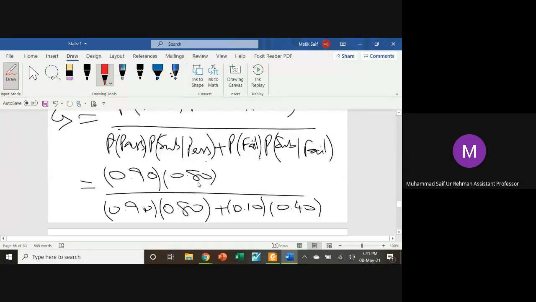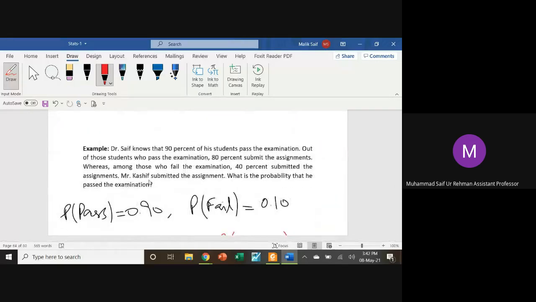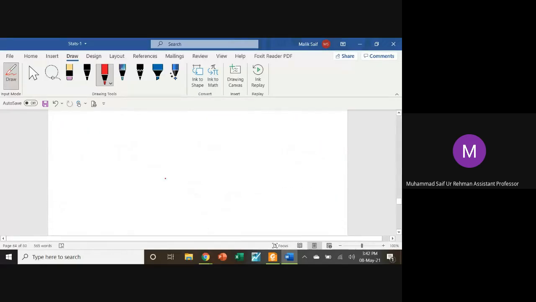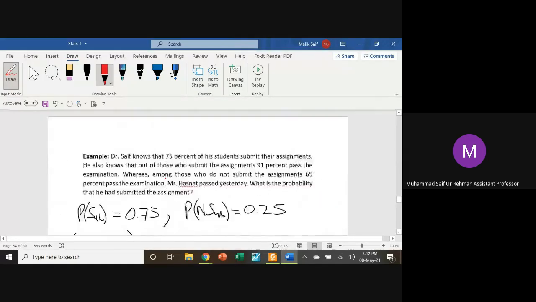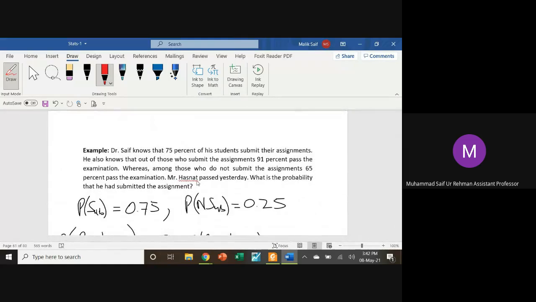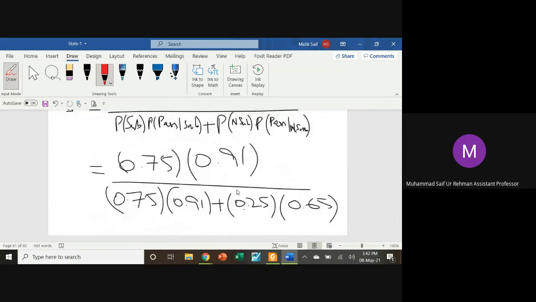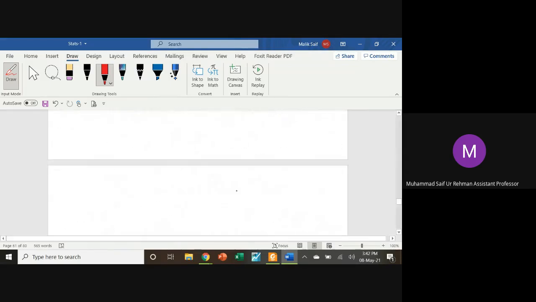Similarly, you may write down in this situation, Mr. Hasnath failed the examination yesterday, and the probability that he had submitted the assignment or he had not submitted the assignment. So, in different cases, you may use the Bayes formula.